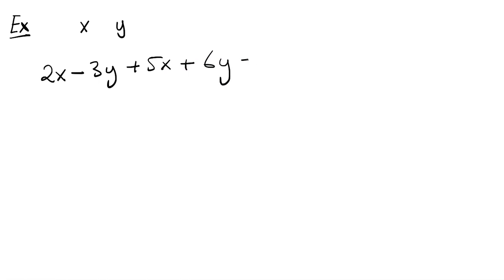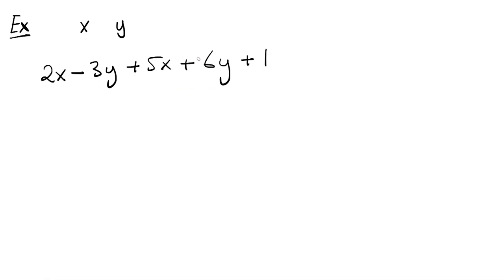Sometimes we have expressions containing two unknown variables. So for example, if we have two unknowns, of course we shouldn't use the same symbol for both. So let's call them x and y, but we could call them whatever, as long as they're different. So let's say we have an expression like 2x minus 3y plus 5x plus 6y plus 1.